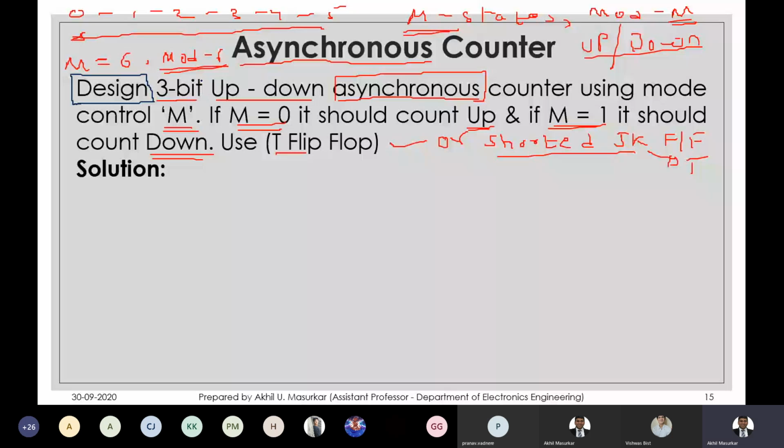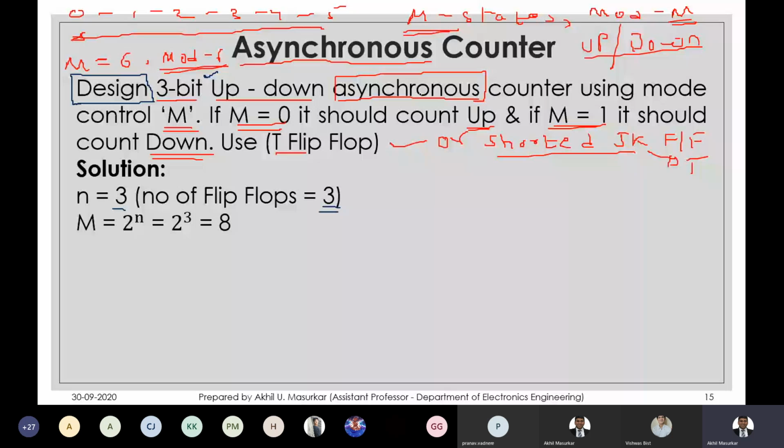You can see here 3-bit. 3-bit means we require 3 flip-flops. So n equal to 3, that is the number of bits, and that is also equal to the number of flip-flops. The number of states that this up-down counter can count is 2 raised to n, that is 8.